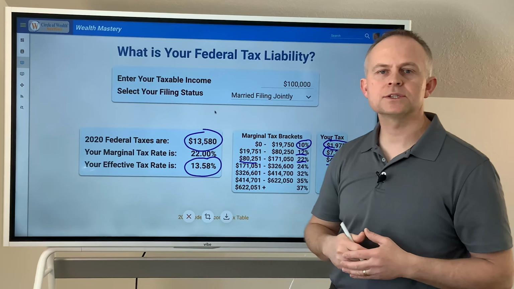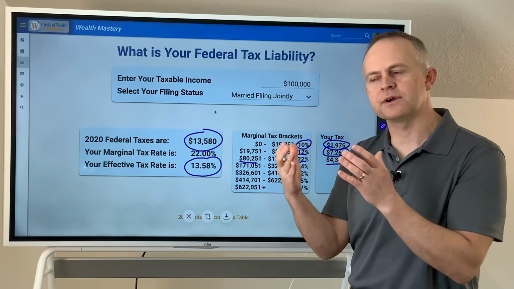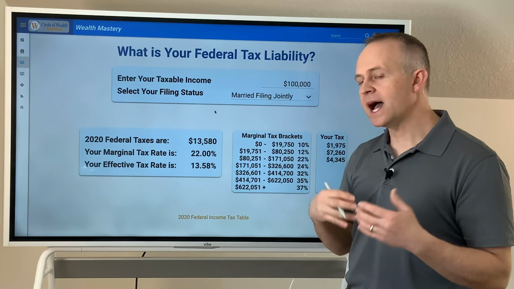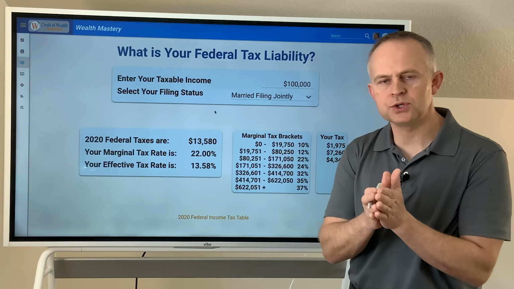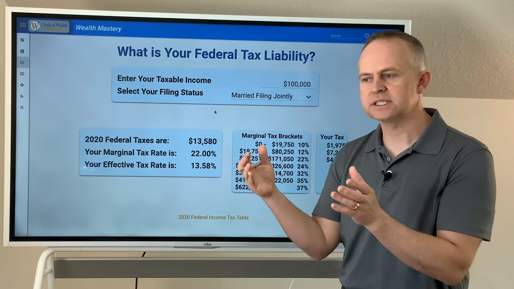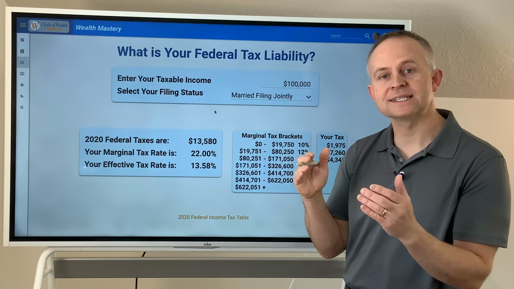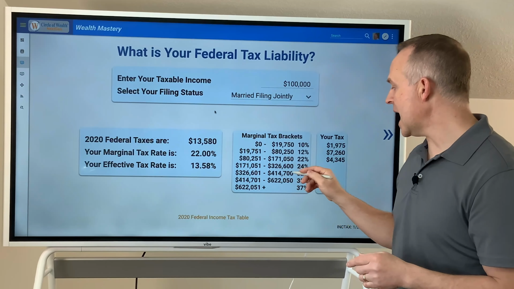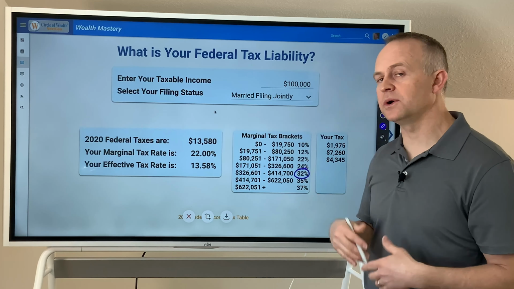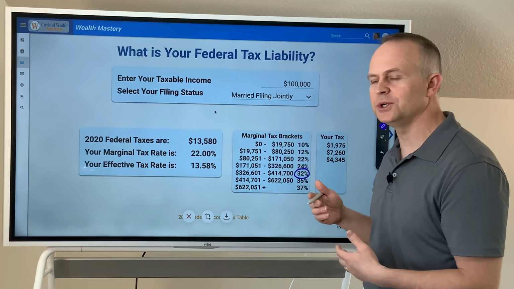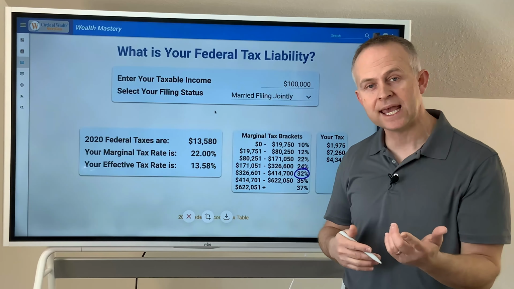The reason why this is so important as we start to look at how your investments are affected by taxes is because sometimes I've had clients really worried about maybe doing a Roth conversion, okay, converting some of your IRA money to a Roth because they think that it's going to throw you into a different tax bracket. And now all of a sudden, all of your money is going to be taxed at 32% instead of 24 or 22 or whatever the case may be. But that's not the case.